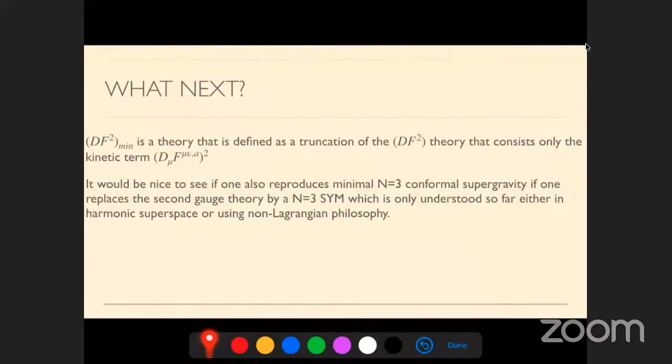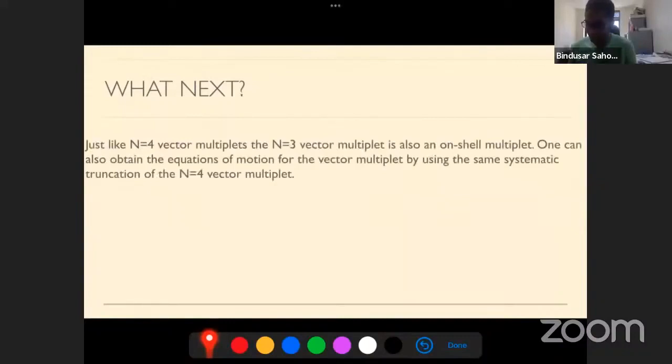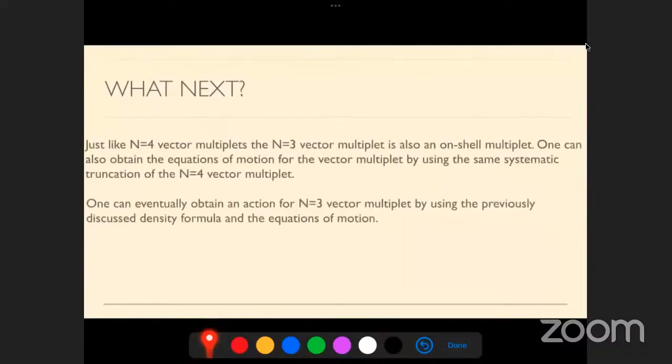I wanted to check whether I've understood correctly. In the last part, you commented that in writing down the n equal to 3 action, we didn't have to impose the equation of motion, right? Vector multiplet. Yes. But when you are writing S as the integral of J over M, you are using the fact that J is a closed form, right? So J will be a closed form.